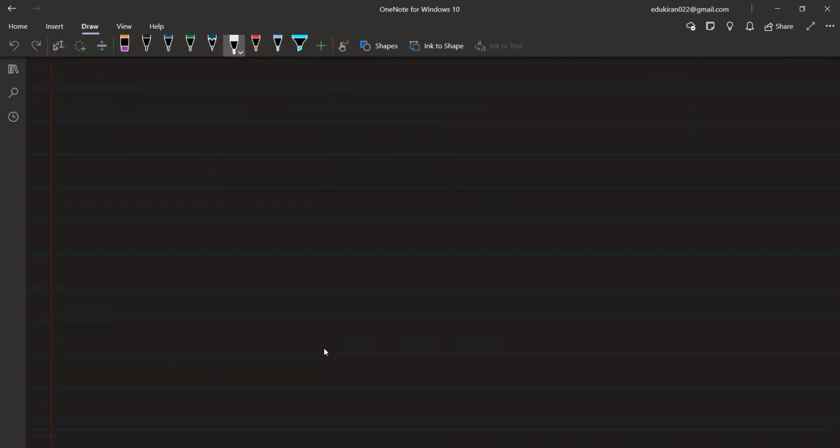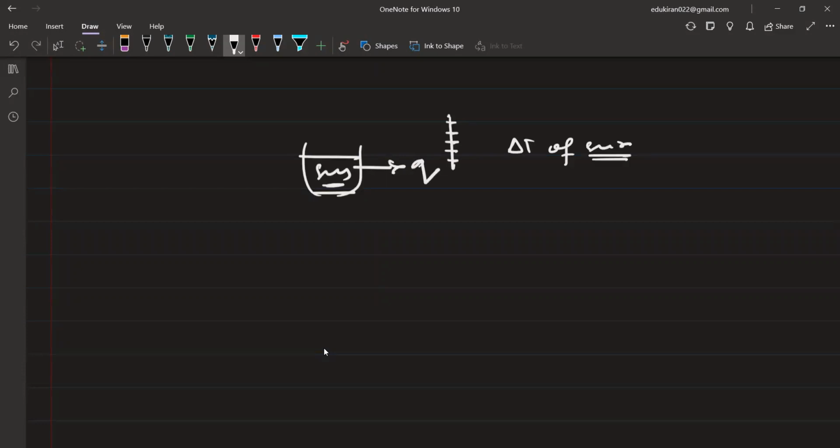For example, there is a system here and some reaction is happening, giving out heat, and you put a thermometer here and measure the delta T of the surrounding.